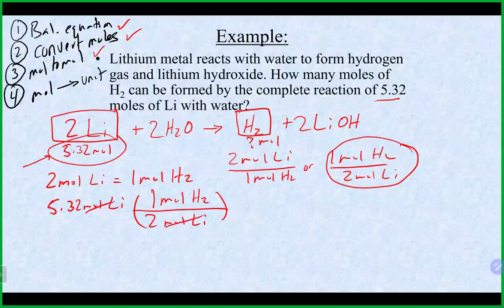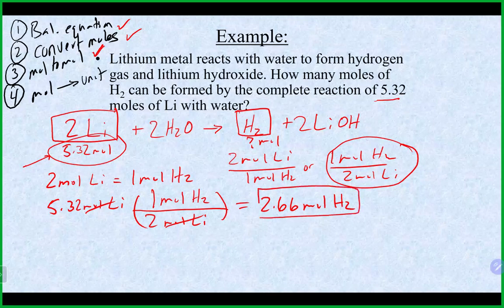The moles of lithium are going to cancel, and that's going to get me 5.32 divided by 2, 2.66 moles of hydrogen, which means I am done with that step right there. In this particular case, I'm actually done, as that is what I'm looking for. I'm looking for moles. I'm not looking for grams, so I don't have to do the 4th step.